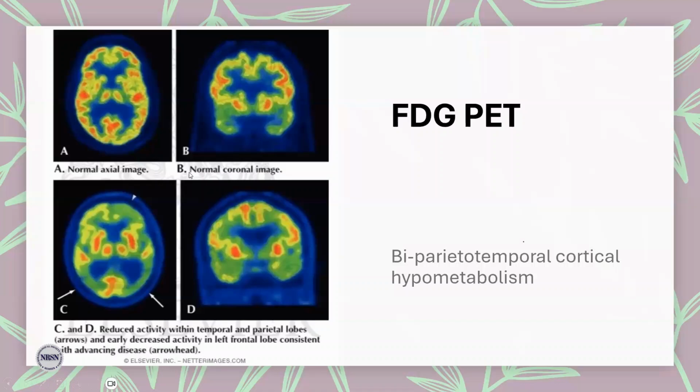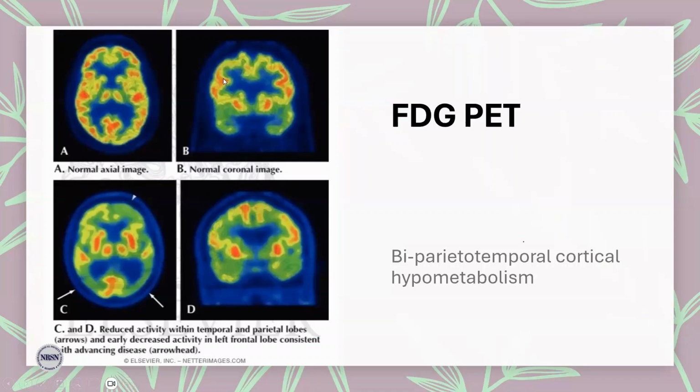This series of images are PET images. The first image here is a normal axial image where you can see this color coding as red that signifies metabolism. So it is seen that the cortices have metabolism in them. So this is a normal axial and a coronal image.